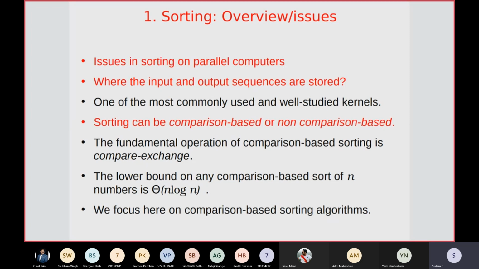If the sequence on machine 0 has numbers greater than those available on machine 1, they can perform the compare and exchange operation. They exchange their sequences, compare their elements, sort their sequences again, and then exchange the sorted sequences.